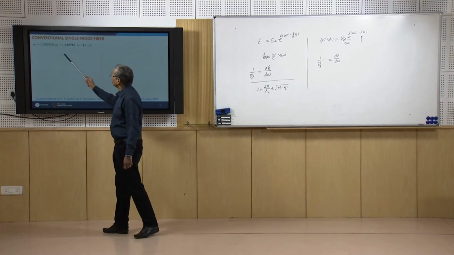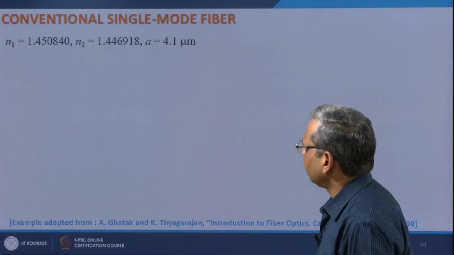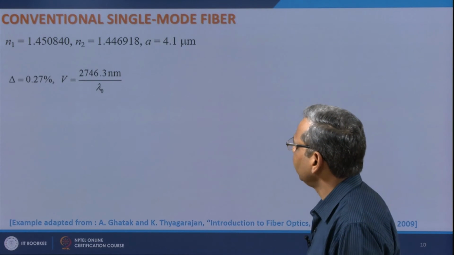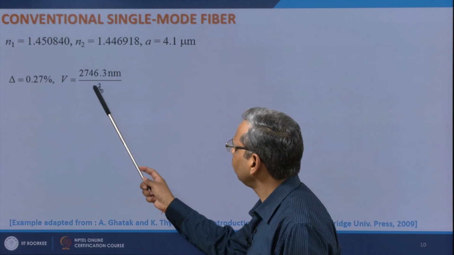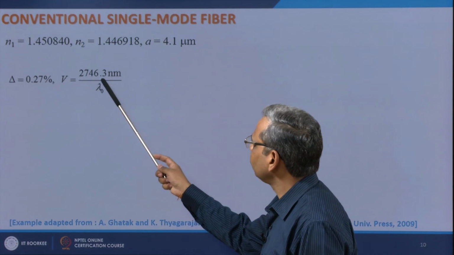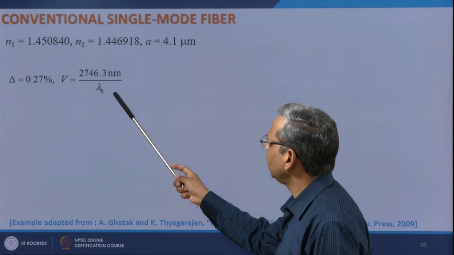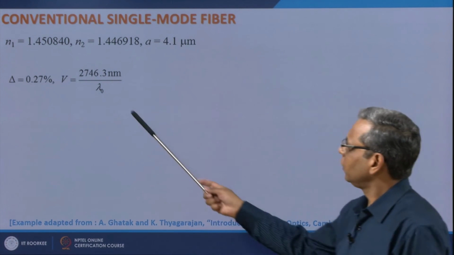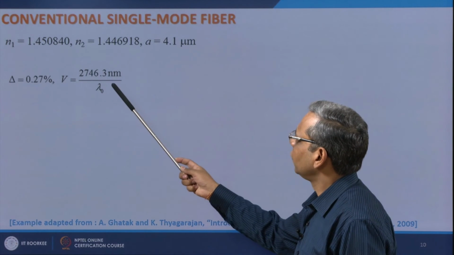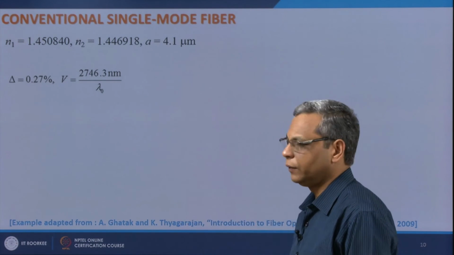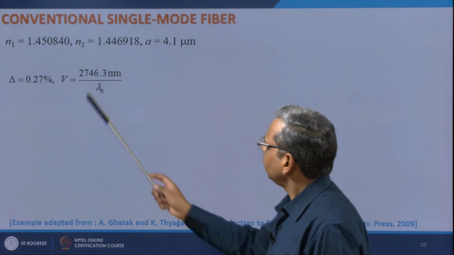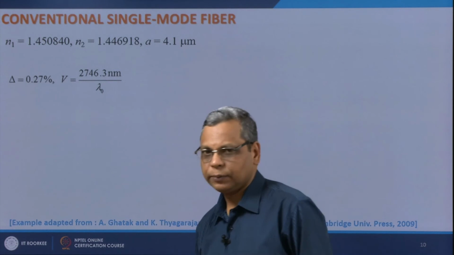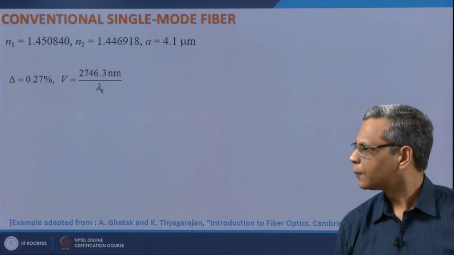So, for these values of fiber parameters, if I calculate the value of V, it comes out to be 2746.3 nanometer divided by lambda naught. Okay. So, when I put lambda naught in nanometers, I can find out the value of V, and these two values of N1 and N2 correspond to delta, which is about 0.27%.